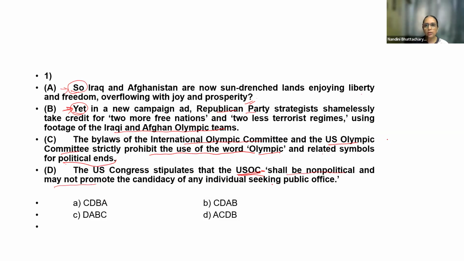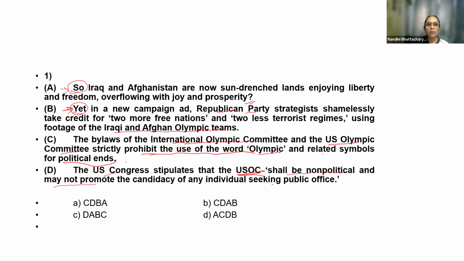What's it talking about? Something the Olympic Committee has announced about prohibiting the use of the word Olympic for political ends, which has been supported by the US Congress, right?